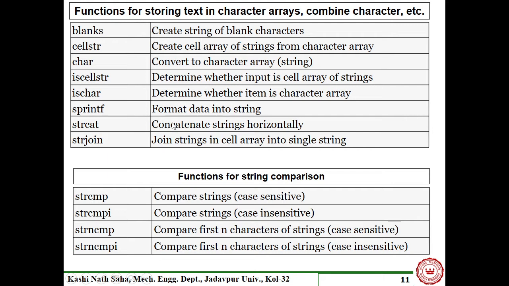Say for example, the name might be a variable, and we display 'Name:' and then the name of the student. So every time, 'Name:' can be a particular string variable, string 1, and the other part would be string 2. If we use string concatenation, concatenating strings horizontally, strcat of string 1 and string 2 will produce another string, which is 'Name:' followed by the name of the student.